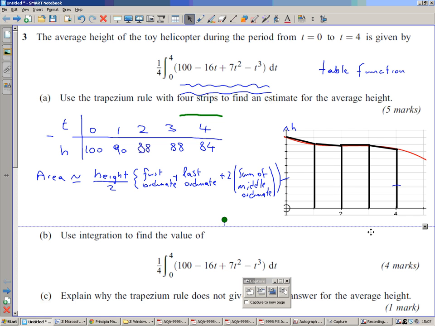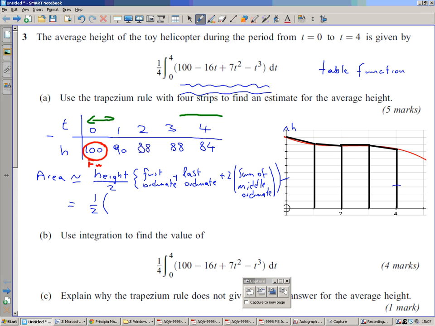What's h in this case? 1. It's the length between here and here. So that's 1 over 2. The first is that one, so that's 100. The last is that one, the 84.